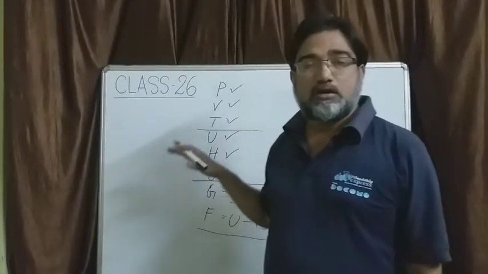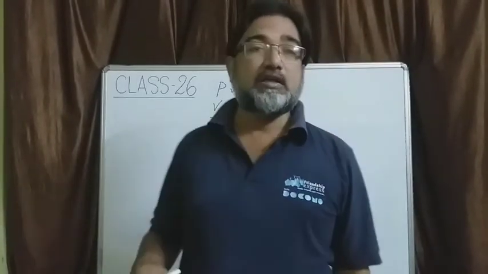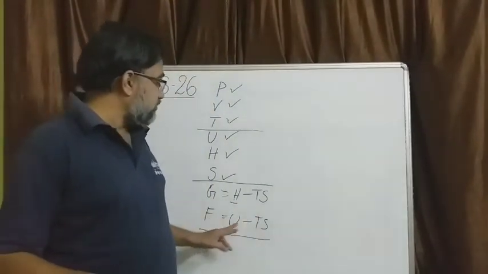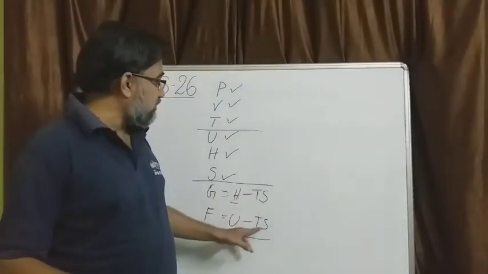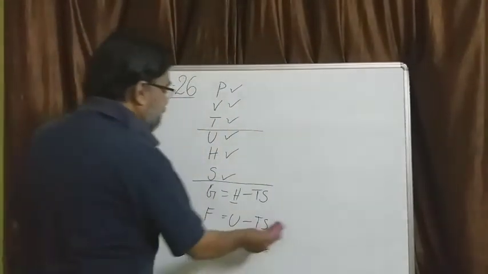So we are not discussing much about G and F. Only remember that G is H minus Ts and F is U minus Ts, and all these H, T, s, U are properties. Alright. So this is Gibbs function, this is Helmholtz function.